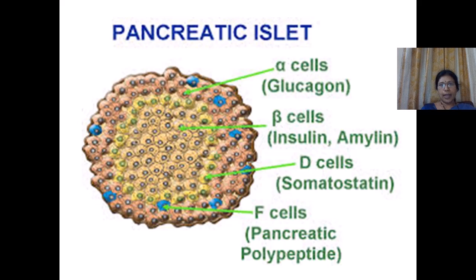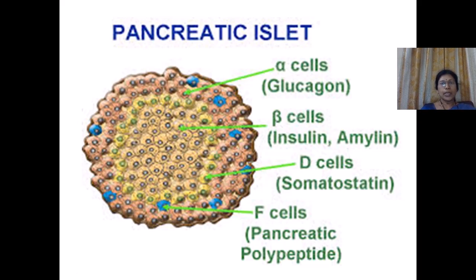The pancreatic islet consists of 4 types of cells: alpha cells, beta cells, delta cells and F cells. Alpha cells secrete glucagon hormone. Glucagon is a hyperglycemic hormone. It raises the blood glucose levels by increasing glycogenolysis in the liver. The beta cells secrete insulin.